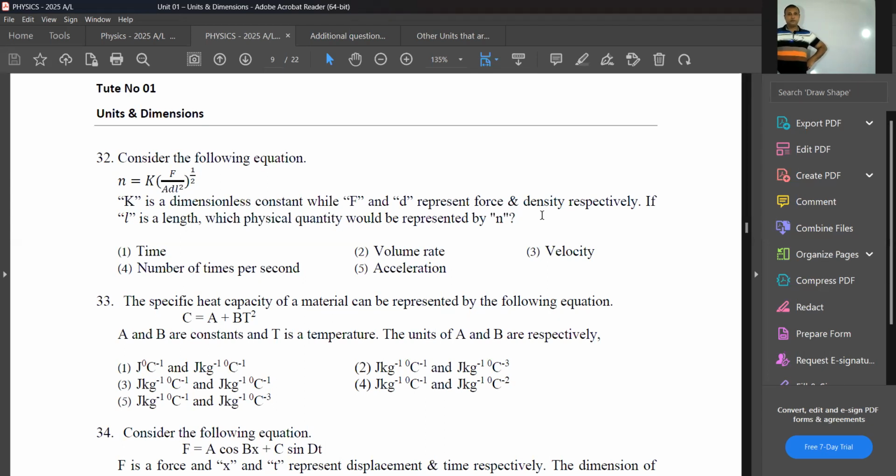The first thing, we have to use dimensions, and we have to simplify the dimension of it.